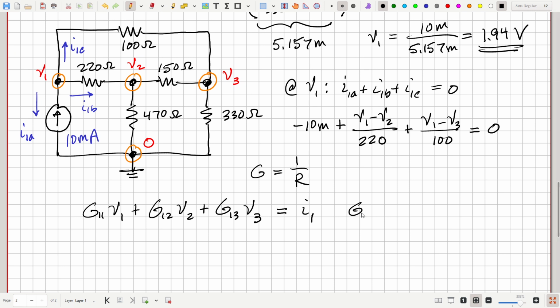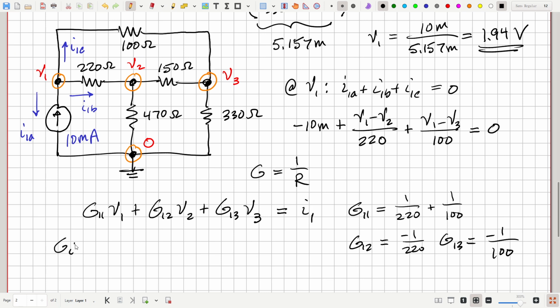And here, G11, everything that multiplies V1, well, that's 1 over 220 plus 1 over 100. G12, that's going to be the V2 term, and that's minus 1 over 220. And G13, that's what multiplies the V3, and that's minus 1 over 100. So we notice here, if you look at G11, so we're looking at this node, it's 1 over 220 plus 1 over 100.